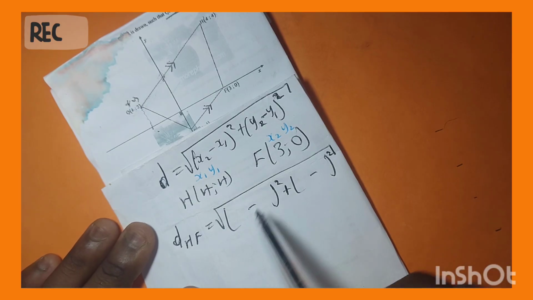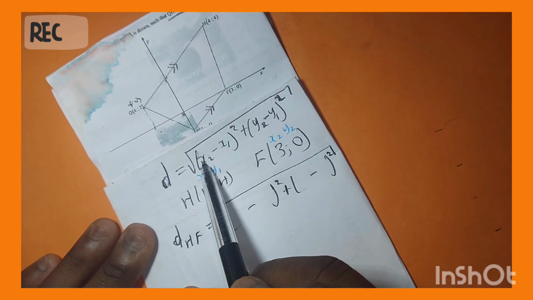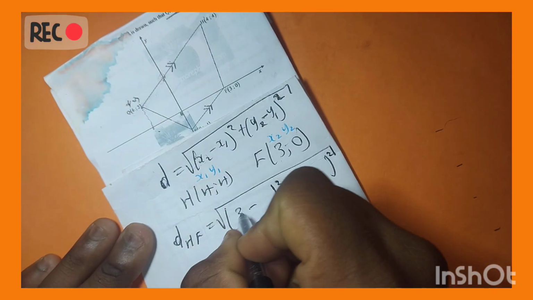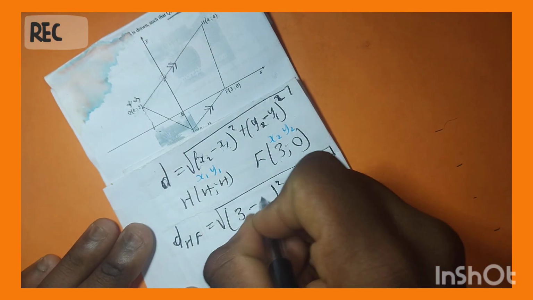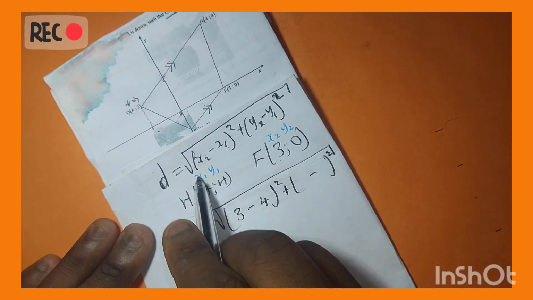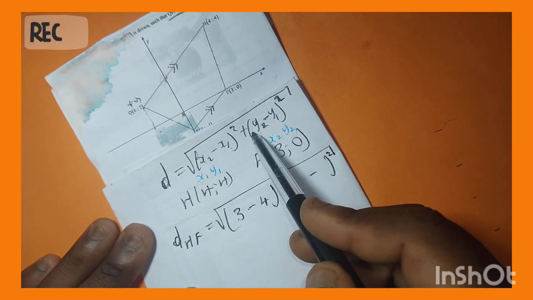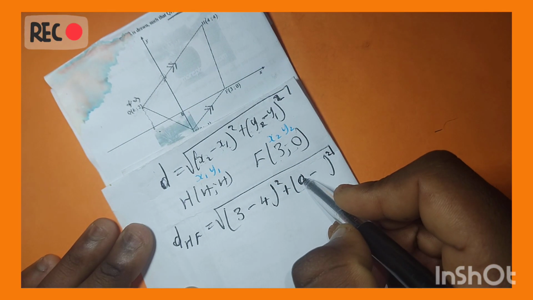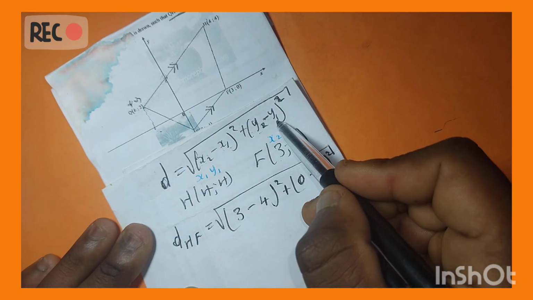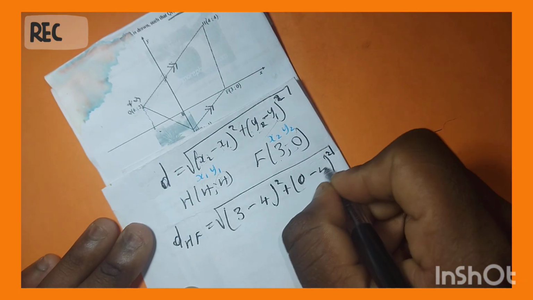So when I substitute, guys, my x2 is 3, and my x1 is 4. Do you see? And my y2 is 0, meaning that where there is y2 I'll put 0, and my y1 is 4, meaning that I'll put 4.